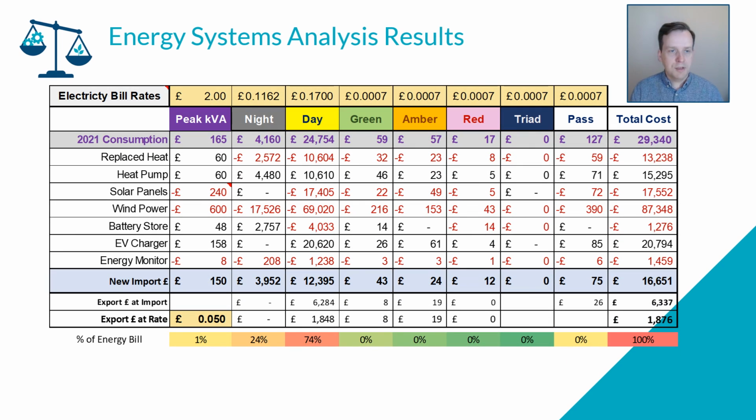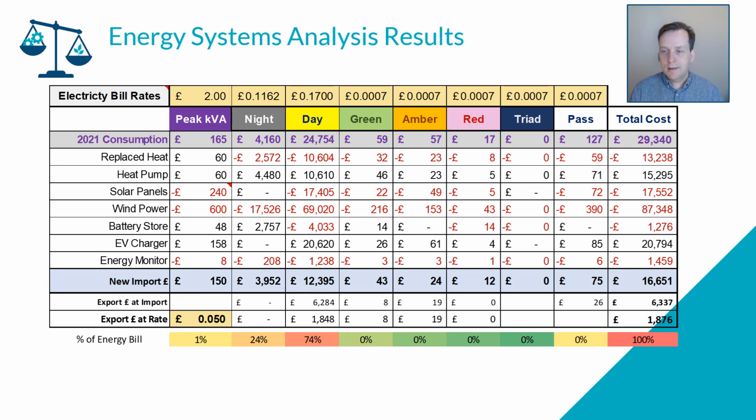And in terms of costs, £29,000 is the consumption. The solar panels would offset £17,000, giving a new import of £16,000 and an export income of just under £2,000 a year.